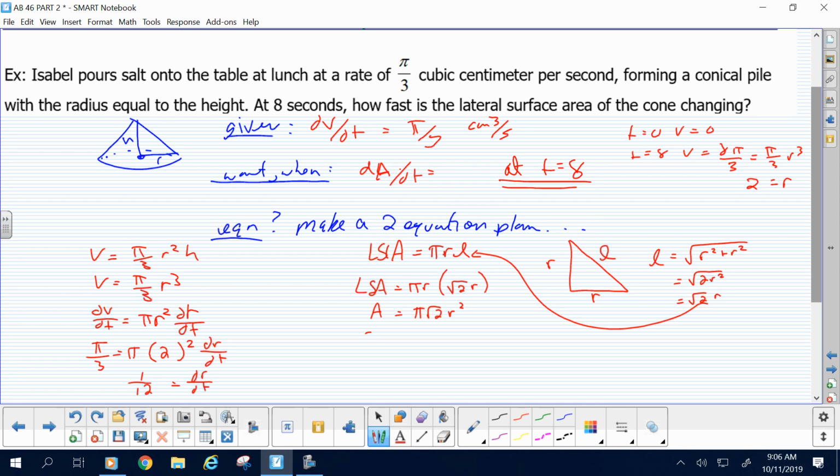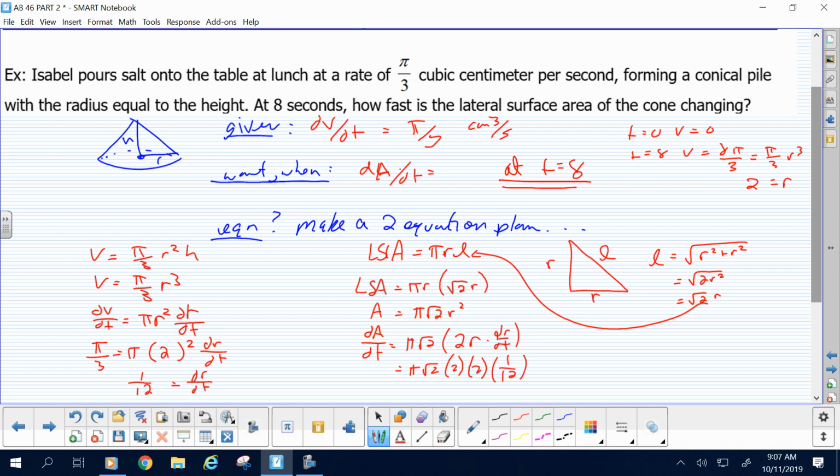Take the derivative with respect to time. The dA dt is pi root 2 times 2r dr dt. Pi is pi, root 2 is root 2, 2 is 2. What's r? 2, remember we found that earlier with the salt pile, 8 seconds is 2 radius. dr dt is 1/12.